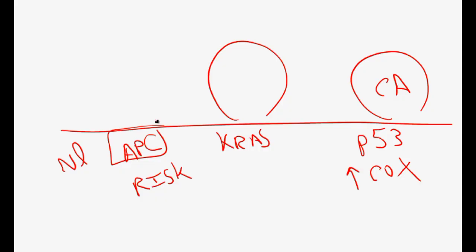It is also possible to get a germline mutation of APC so that you knock out one copy because you received a bad copy from a parent, and that's called familial adenomatous polyposis syndrome, and we'll talk about that in just a few minutes. So this is high yield, and it's also important to note that this is on chromosome 5. Those are all the high yields concerning APC.